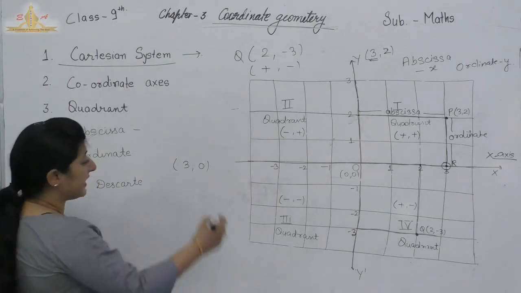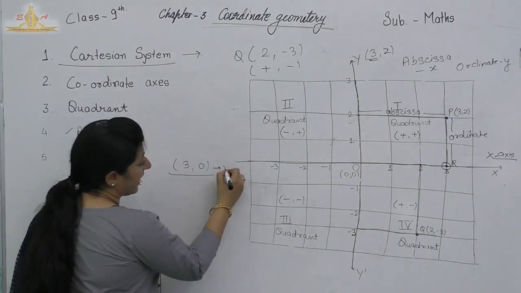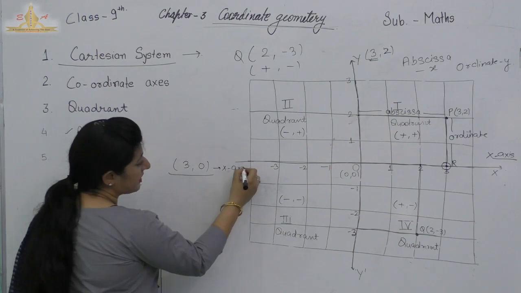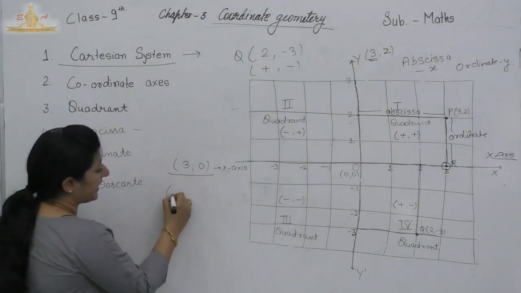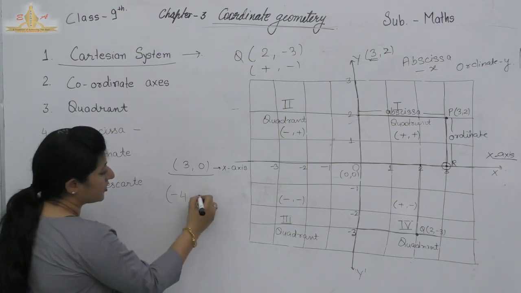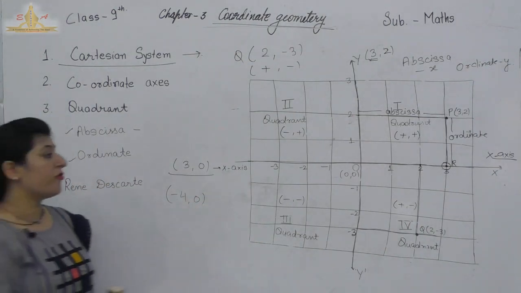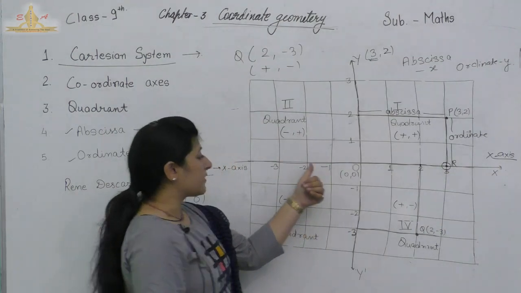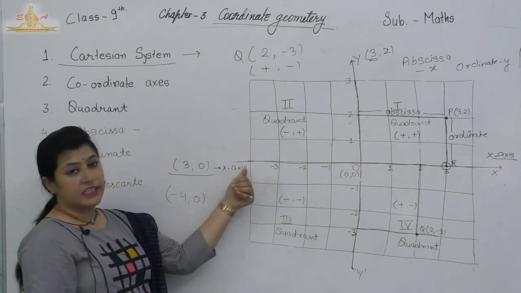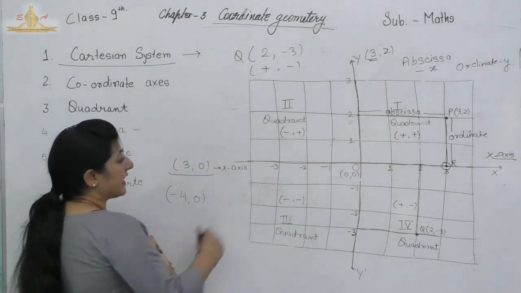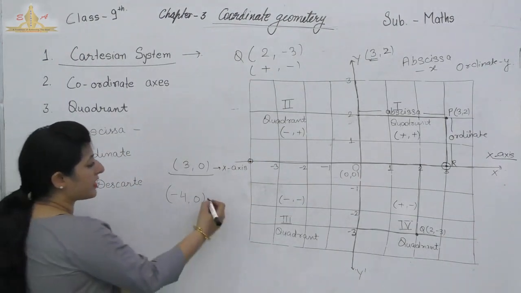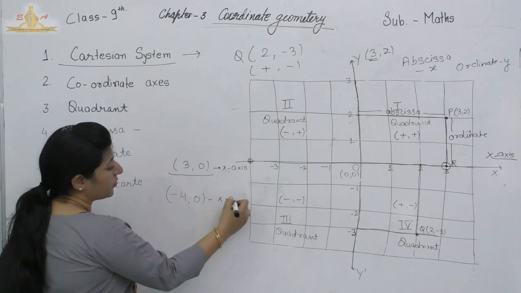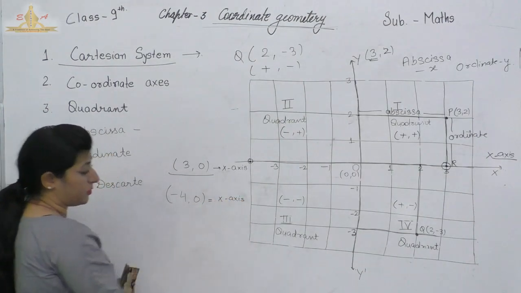So we can say that this point lies on the x-axis. Similarly, if I take (minus 4, 0), where does minus 4 come? 0, minus 1, minus 2, minus 3, here we can take minus 4. This also lies on the x-axis, or you can say the negative x-axis.